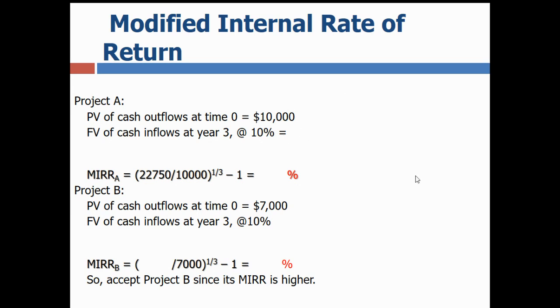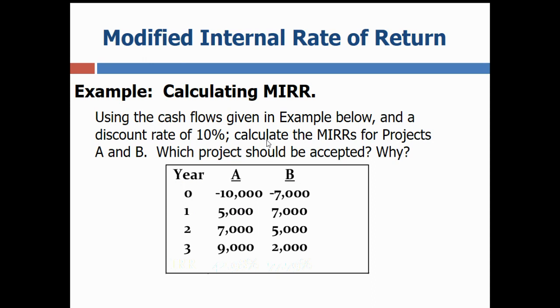There's nothing else to do. Because you receive 5,000 in year 1, you reinvest for 2 years at the rate of 10%.